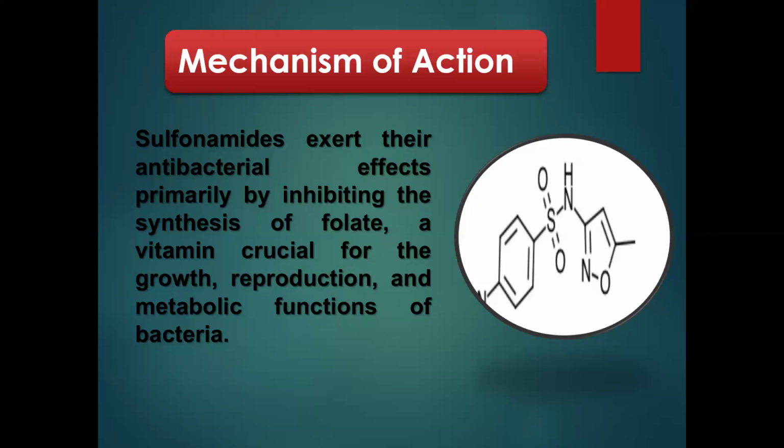You see, so primarily, sulfonamides act by competing with para-aminobenzoic acid, which is necessary for the production of the dihydropteroate synthase, which is very necessary for the production of folates.